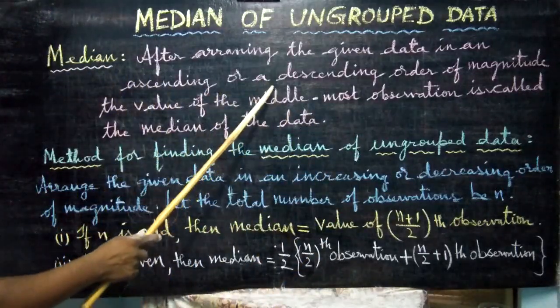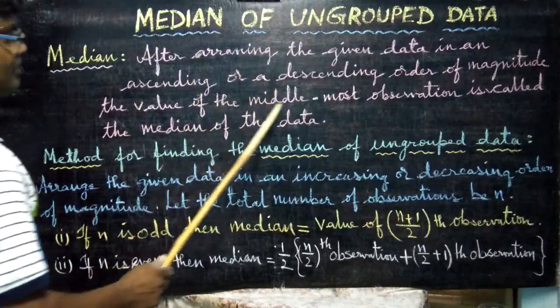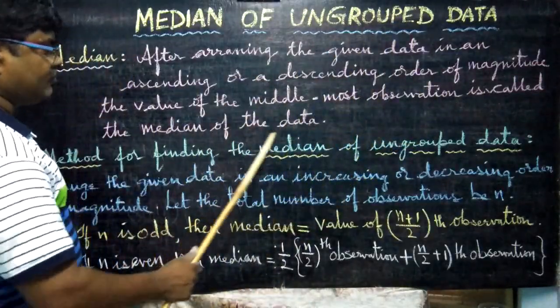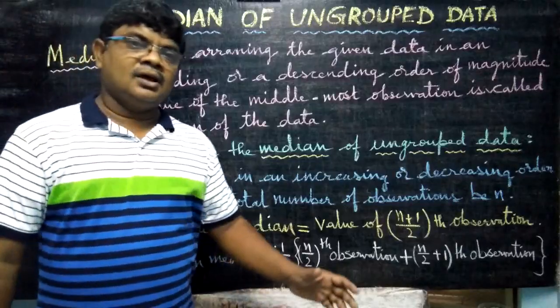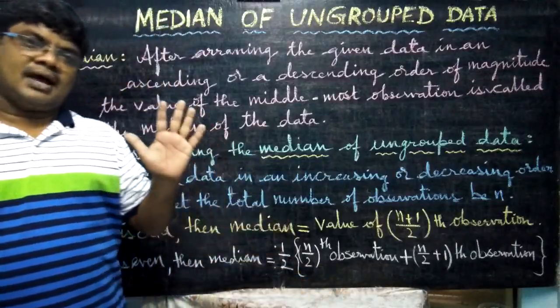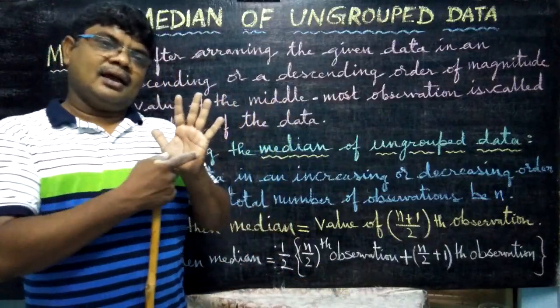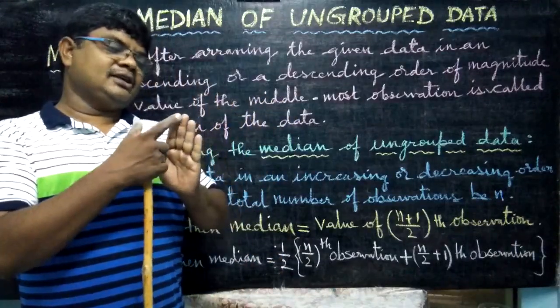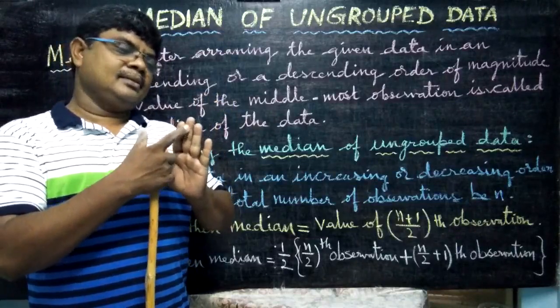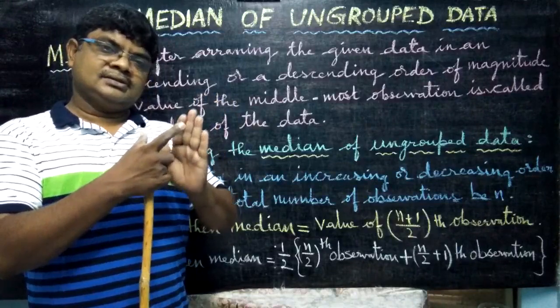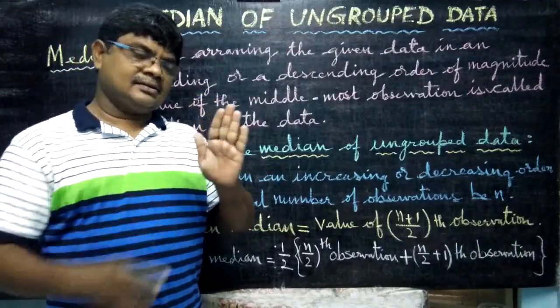After arranging in order, the value of the middlemost observation is called the median of the data. I will give you an example. If I ask you which is the middle finger among all these fingers, immediately you will show the tallest finger. That is not the median answer.